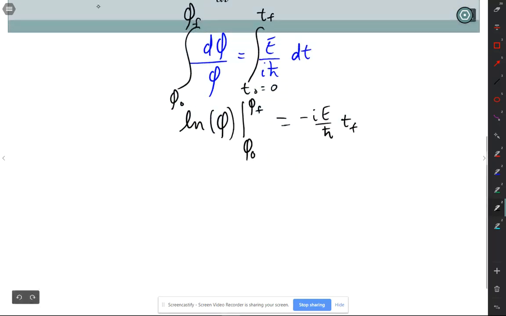Okay? Natural log of... When I put in the limits to the natural log, I have natural log of phi final minus natural log of phi initial. I can combine those into one natural log of phi final over phi initial.